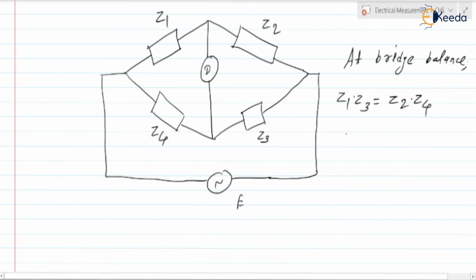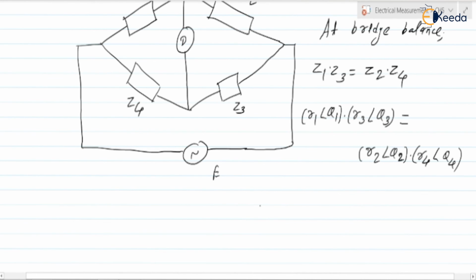If it is represented in polar form, it will be like Z1 is R1 at angle theta 1, into Z3 is R3 at angle theta 3. This should be equal to Z2 into Z4. Z2 is R2 at angle theta 2 into Z4 is R4 at angle theta 4.